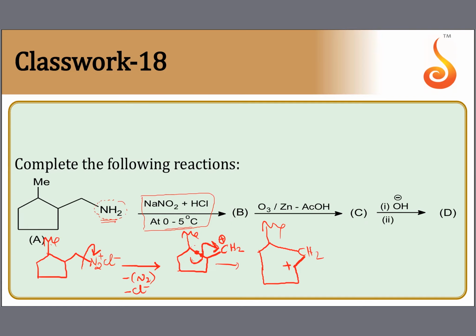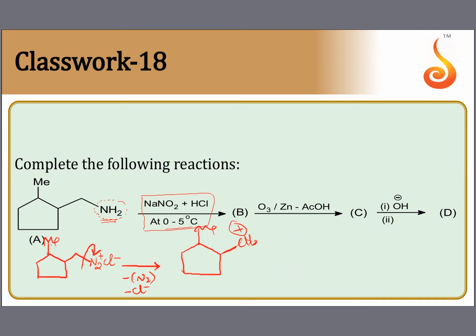Okay, just wait. In another way, we will do the ring expansion. This is methyl, CH2 plus. Here imagine the C bond pair is shifted onto the next carbon, alpha beta.